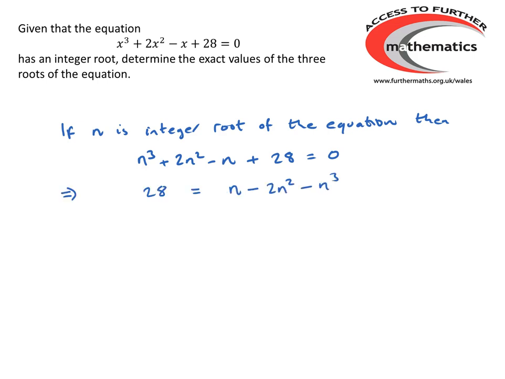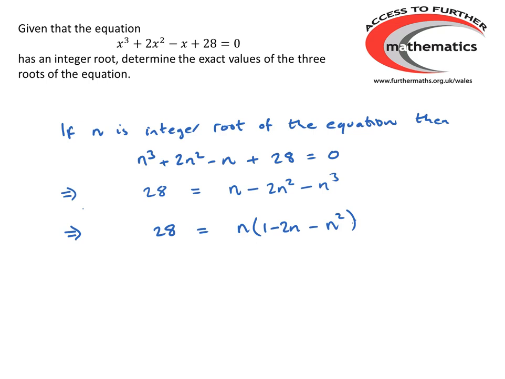In other words, we know that 28 is n minus 2n squared minus n cubed, which means that 28 must be n times 1 minus 2n minus n squared. n is a whole number, 1 minus 2n minus n squared is a whole number.